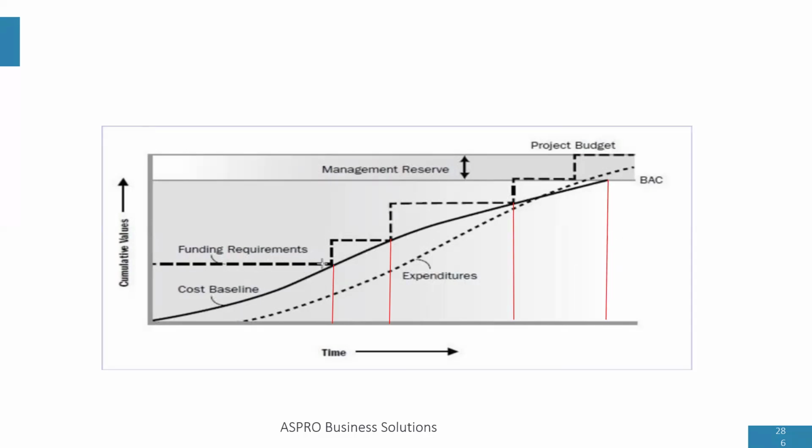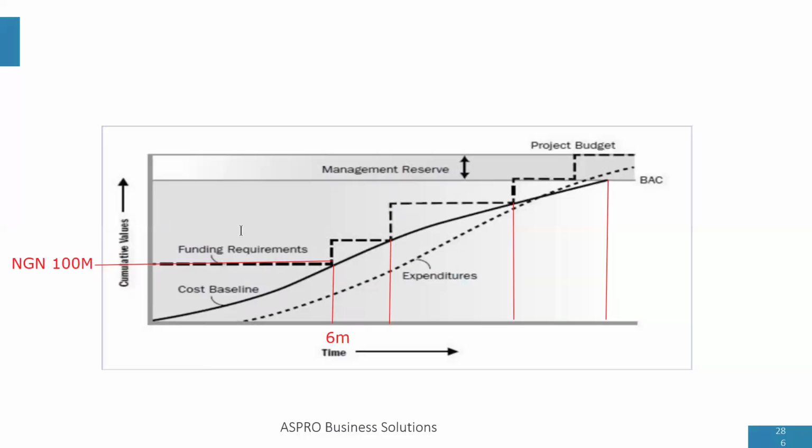Now, the cost baseline shows how much money is spent on your project per time. So let's say that the first phase of the project is in a 6 month time period, and based on the activities scheduled for the project, we're expected to spend about 100 million. So this is 100 million.